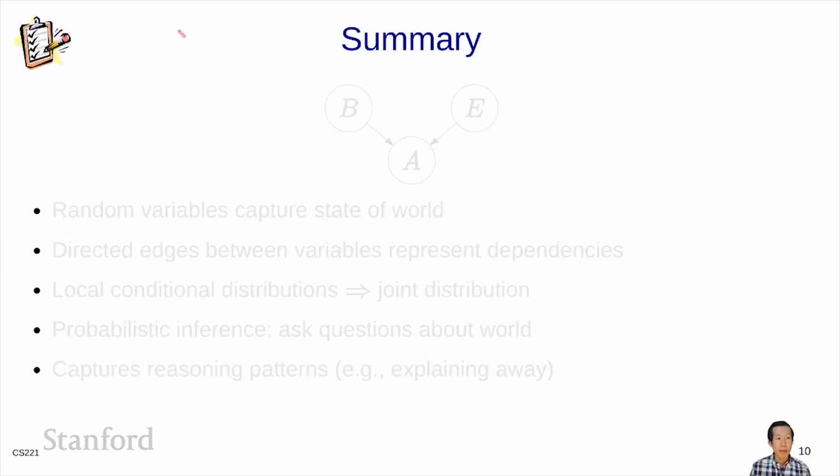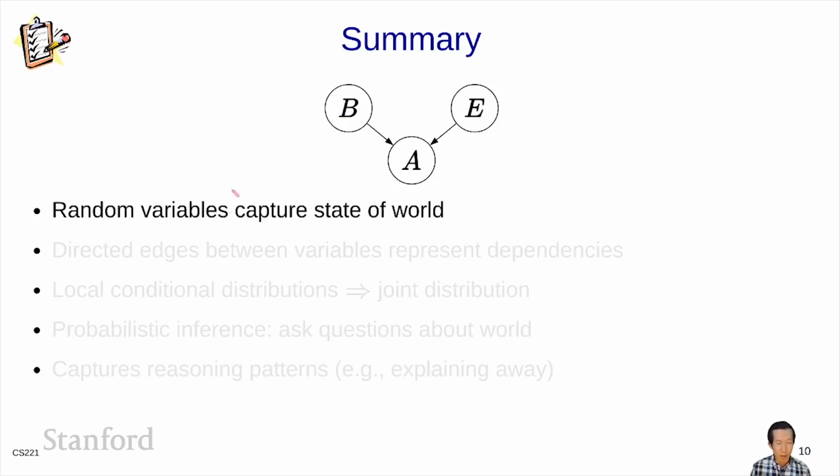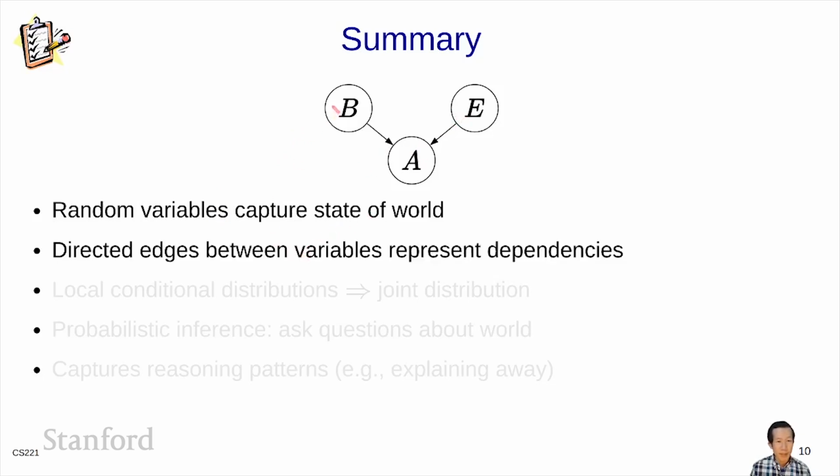So in summary, we've introduced Bayesian networks. It's important to think about the basis of Bayesian networks: they are based on random variables, which capture the state of the world. We have directed edges between these variables, which represent directional dependencies. Quantitatively, we define a local conditional distribution for each variable conditioned on its parents, and we multiply all those together to produce a joint distribution.